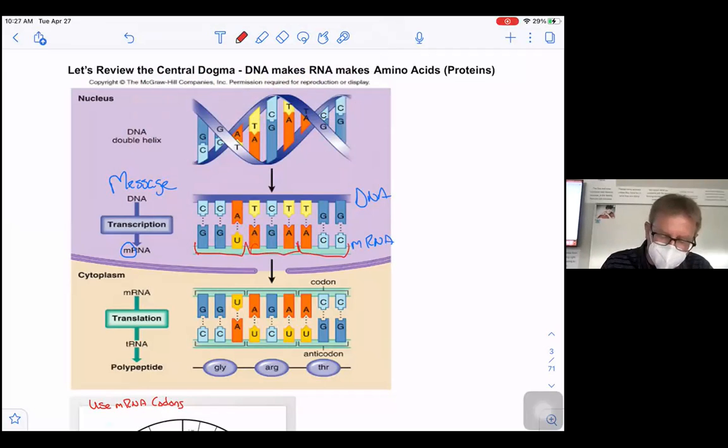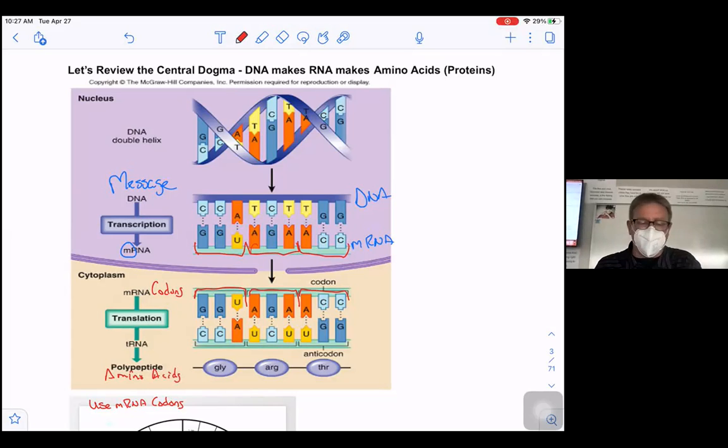We can see that again down here below when we go through the process of translation. Once the mRNA codon leaves the nucleus and goes to the ribosome, through the process of translating it, we're going to translate the mRNA codons into the polypeptide, and really what we're doing is translating them into amino acids.